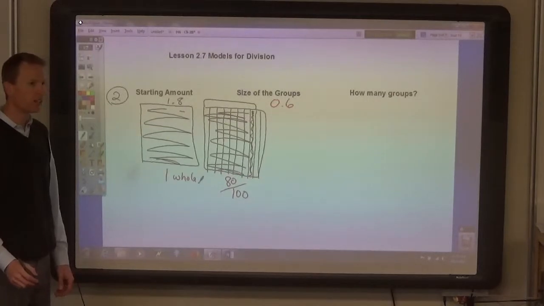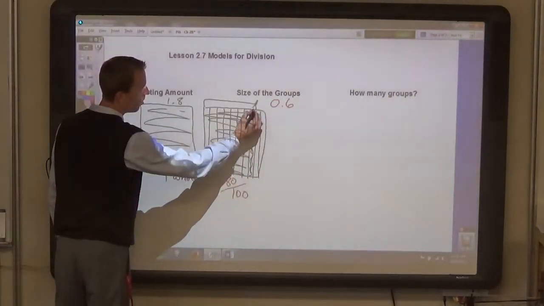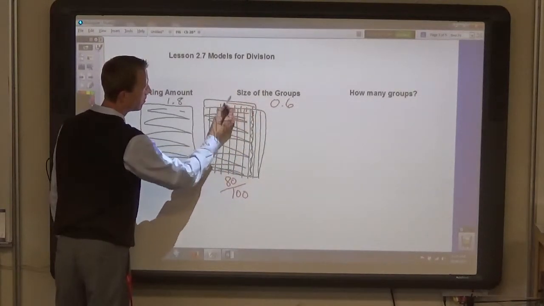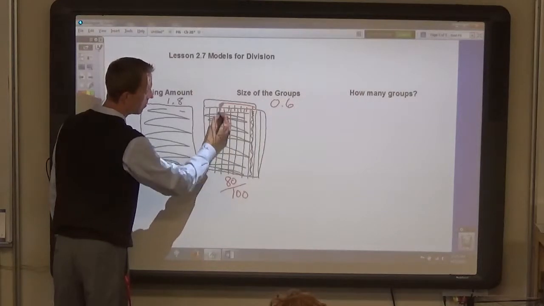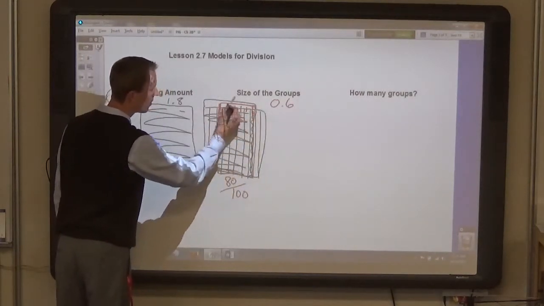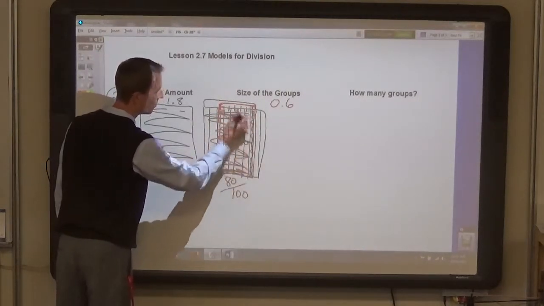And we're going to divide it into 6/10. So you're going to circle 1, 2, 3, 4, 5, 6. Here's 6 out of 8. So that's one group.